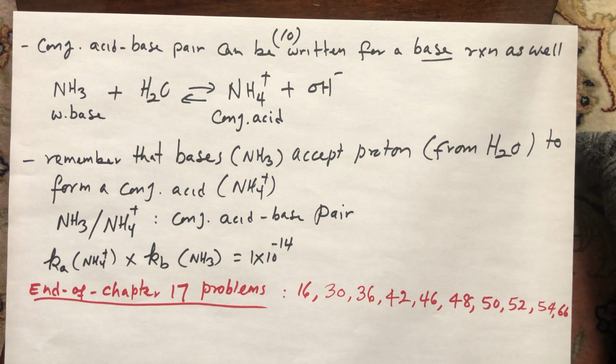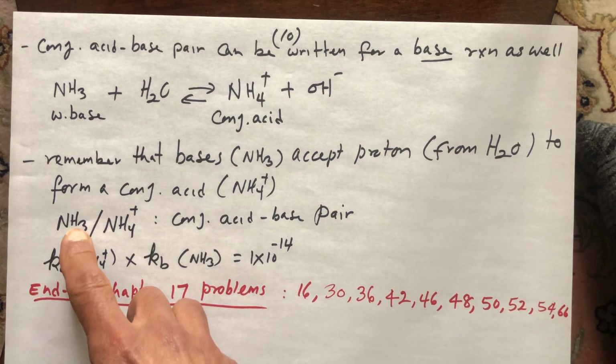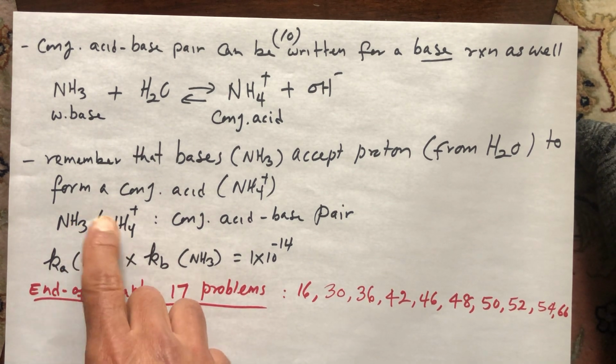You can summarize this whole concept by saying that a conjugate acid-base pair is any pair that differs by the presence or absence of what? Of H plus. For example, what's the difference between NH3 and NH4 plus?